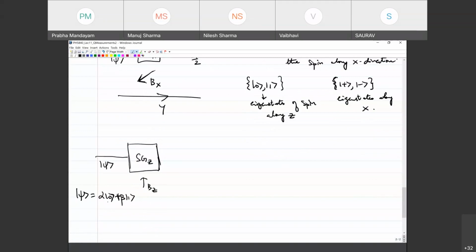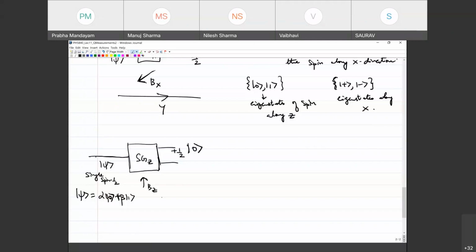And then what will the first Stern-Gerlach setup do? This is a single spin half particle, okay? So I will observe either ket 0 or ket 1, corresponding to plus half or minus half.